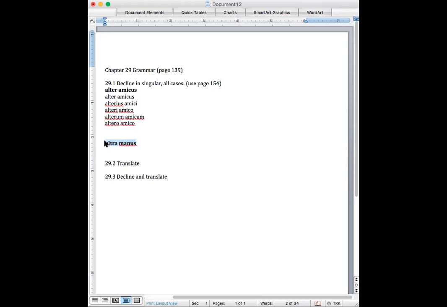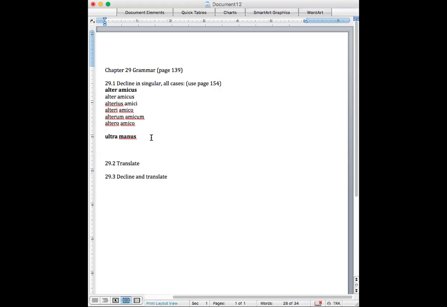Okay, moving on to utra manus. Manus is fourth declension, so yay for that. And what gender is manus? If you remember, this is one of those fourth declension words that is feminine. So we need to look at the utra declensions that are feminine.